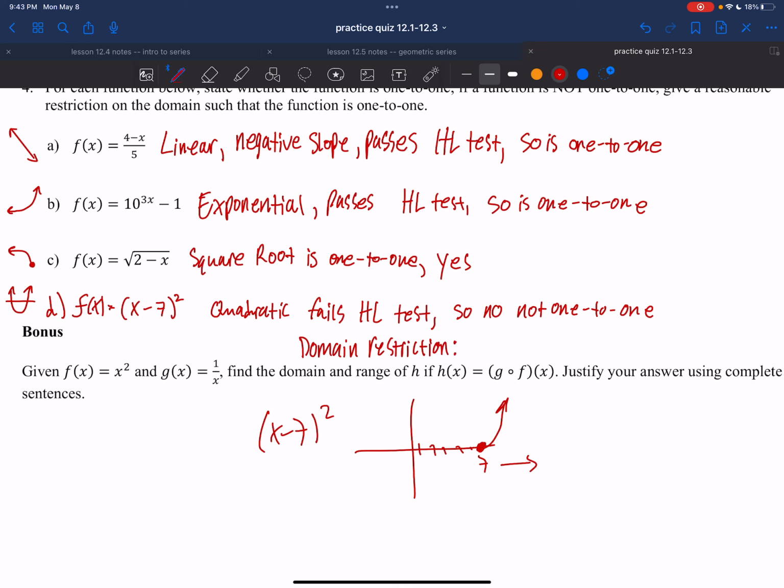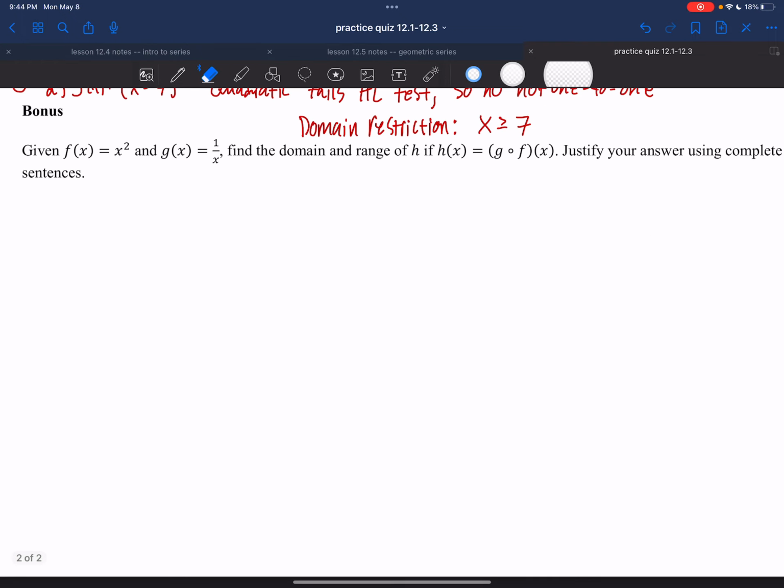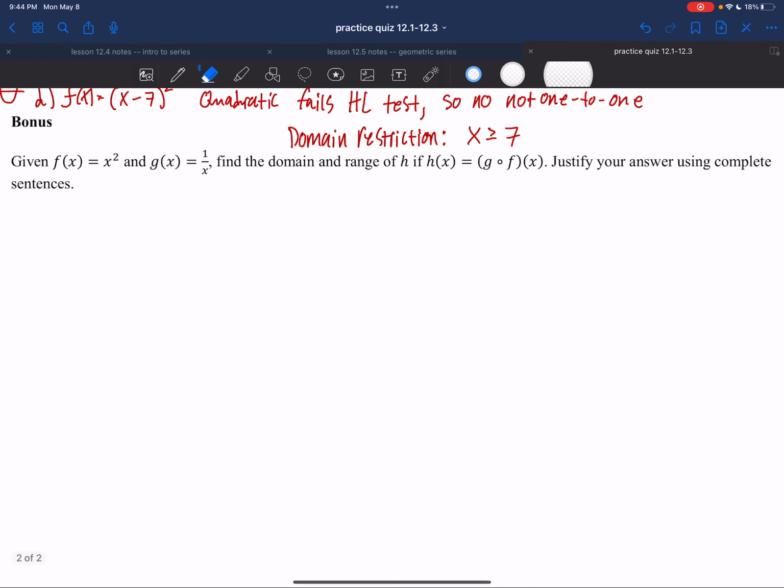So I'll say my domain restriction is x is greater than or equal to 7. And there you go. Oh boy, messed that up. Whatever. Good thing I didn't print the quiz. I think the actual quiz is like that too.